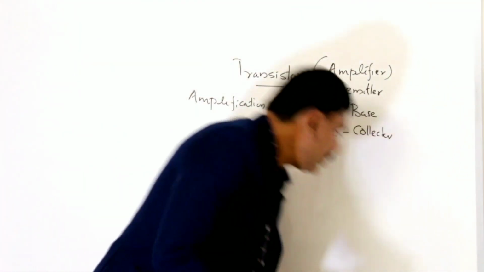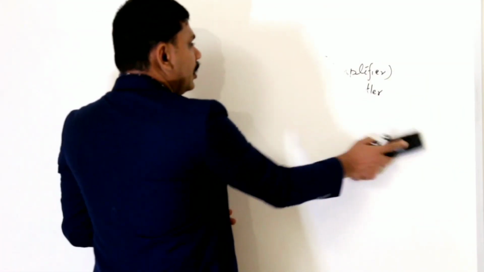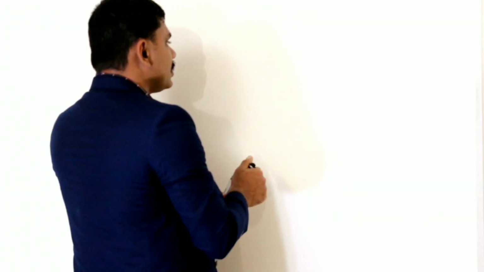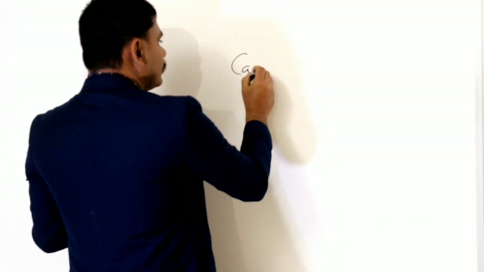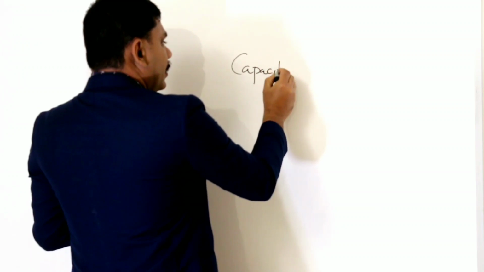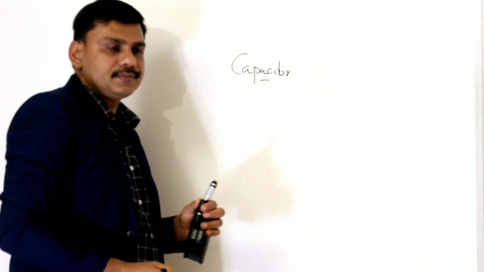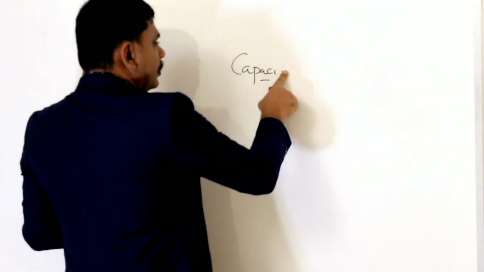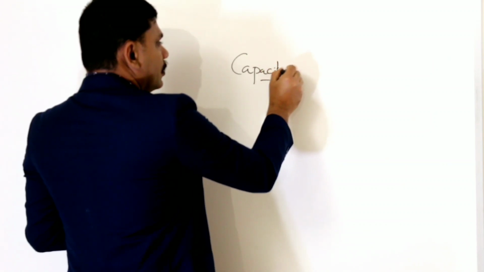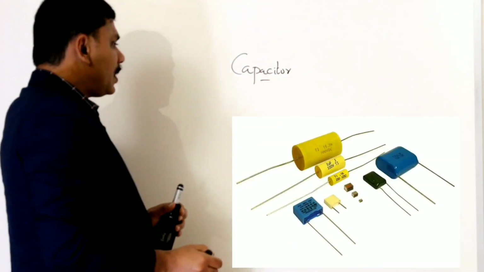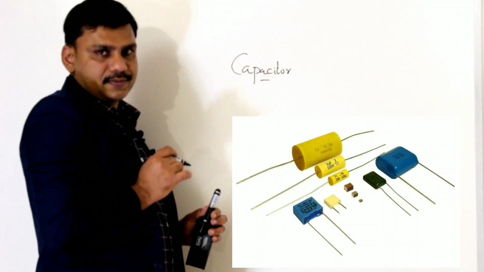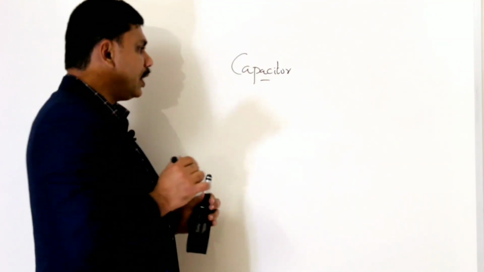Another component we are using in electric circuit is capacitor. A capacitor has two legs.